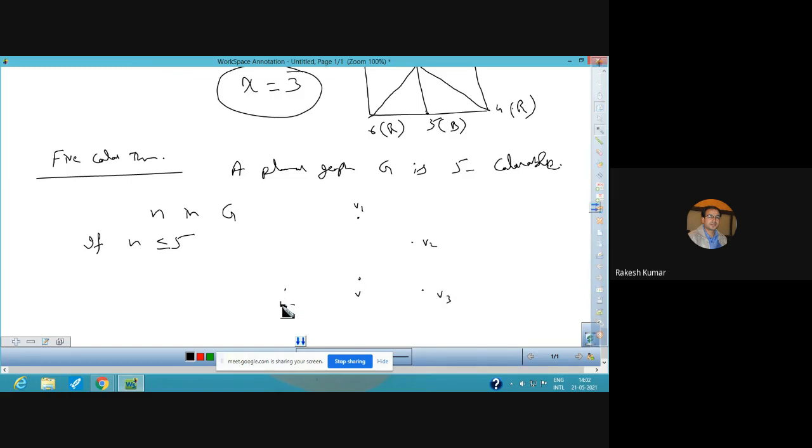This is V4, and this is V5. So all the vertices are joined with V. We require this figure to clarify.